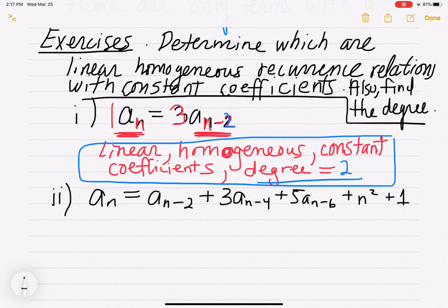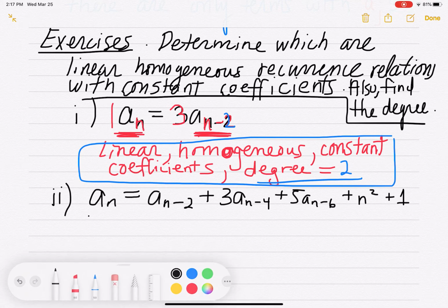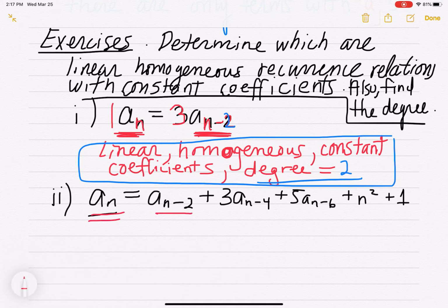So this is linear, first of all. When you look at your a_j's, the power on each of those is 1, right? You can imagine a power of 1 here, a power of 1 here, a power of 1 here, a power of 1 here. So the a_j's have powers of 1, so it's linear.